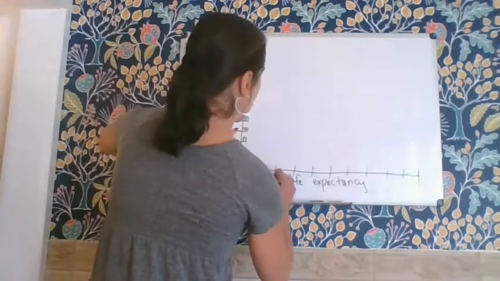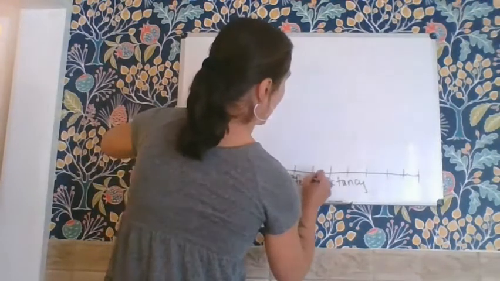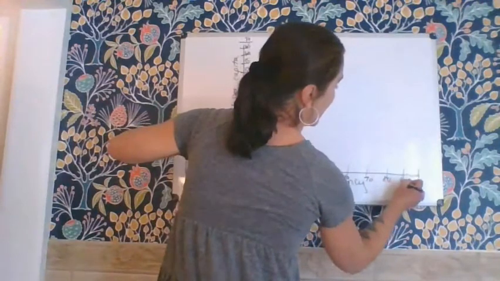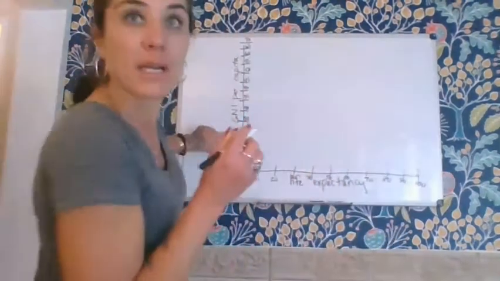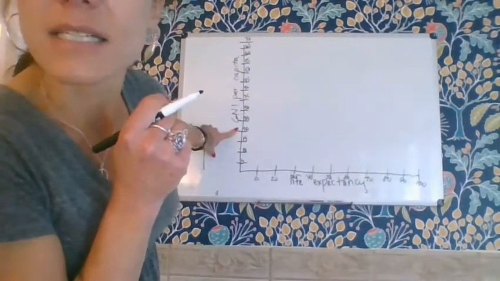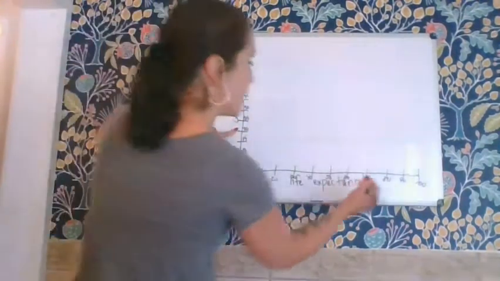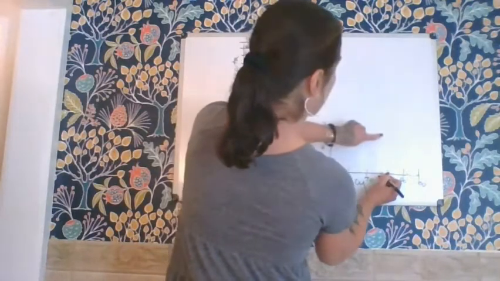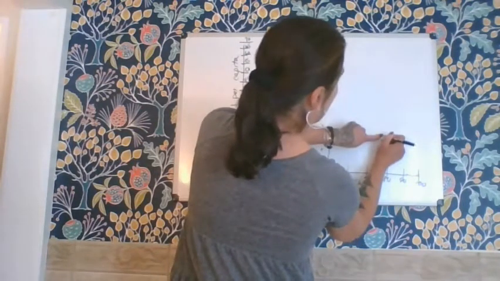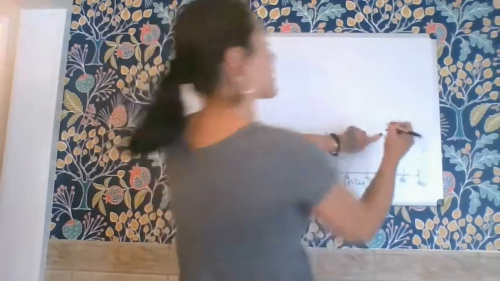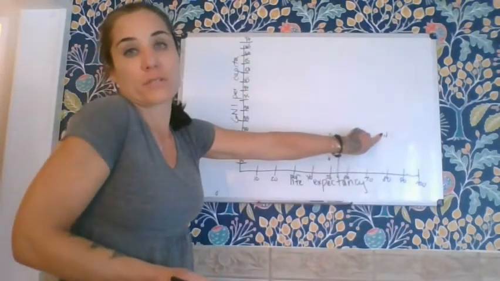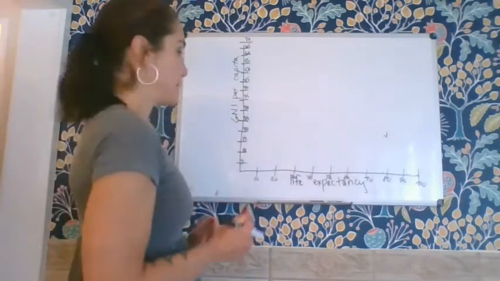So 10, 20, 30, 40, 50, 60, 70, 80, 90, 100. And what did I say? 77.69. So that's right at about here. That is country number 1. I'm going to mark it with a 1 so that I remember which country it is, because I don't want to have to write out Argentina.